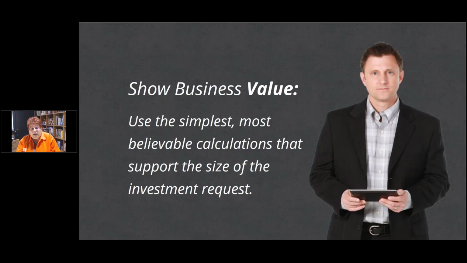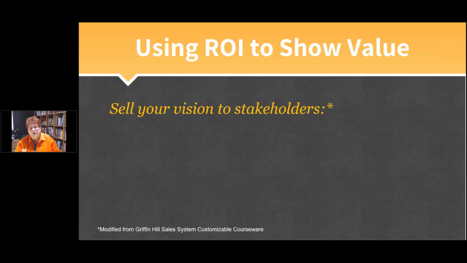But if you're a team of one and that expenditure is a very sizable portion of your learning budget, then you're going to need to go a little bit deeper and spend a little more time to support your value story.